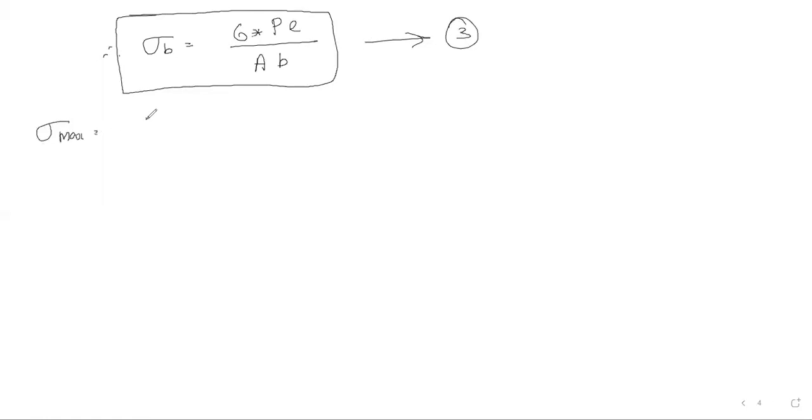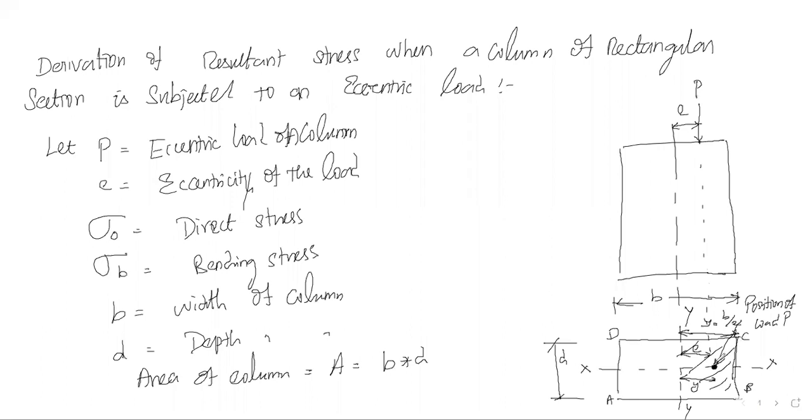Now let us consider sigma max. Sigma max is nothing but maximum stress. Where it can have, so the maximum stress, I already said the compression force maybe lies here. So it should be maximum in the line BC. And similarly it should be minimum in the line DA or AD.